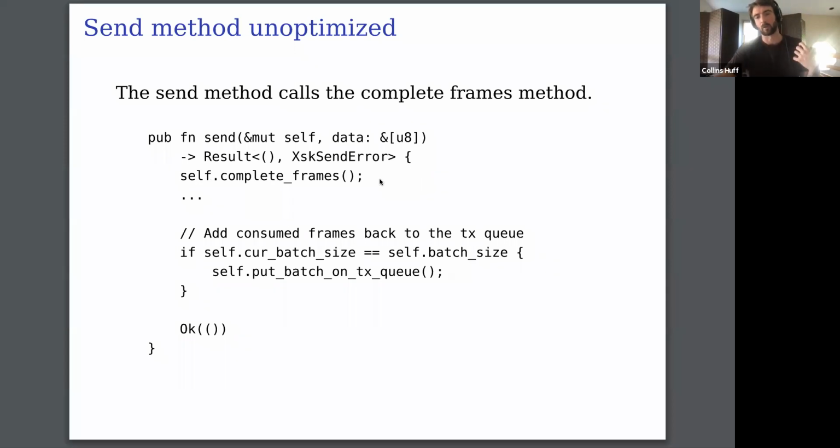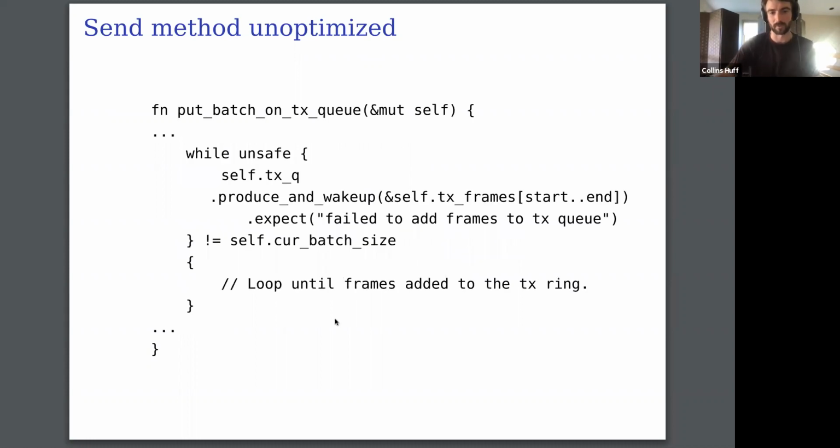Complete frames reads from the completion queue and updates the frames so that you can use more frames to transmit packets. And put batch on TX queue takes whatever is in your batch size and puts it on the TX queue. And actually, if you look into both of these functions, they wake up the kernel. So when you put a batch on the TX queue, you call produce and wake up.